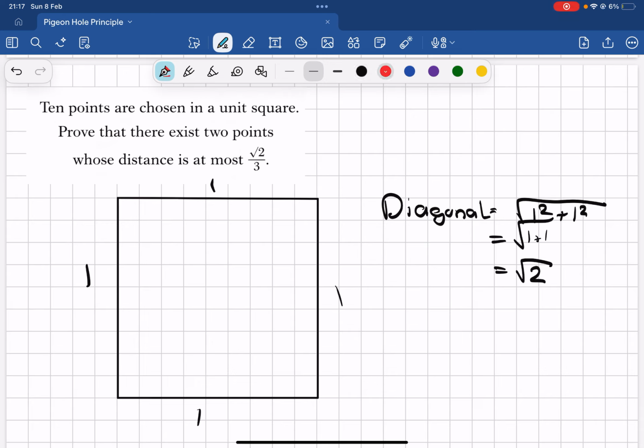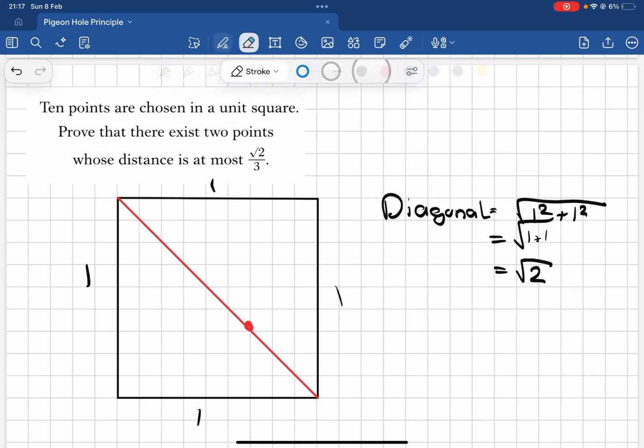So if we actually draw on our diagonal, root 2 over 3 comes about at this point here, this point here, this point there. Now why is this useful? Let's dig deeper into this question. So you know this length here is root 2 over 3. Root 2 over 3. Root 2 over 3.